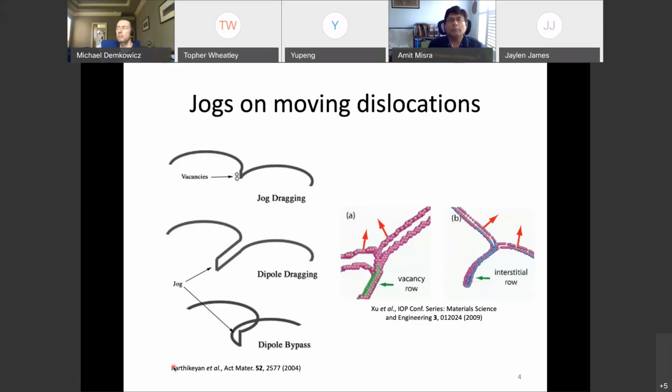So do you have any comments on this framework of crystal plasticity or dislocations for some other systems? Yeah, so in short, crystal plasticity and dislocation mechanics apply to any situation where you have crystalline order. So they have been applied to crystalline polymers.